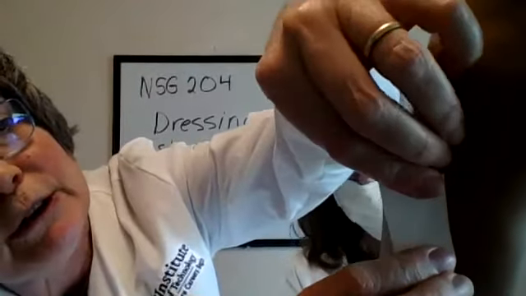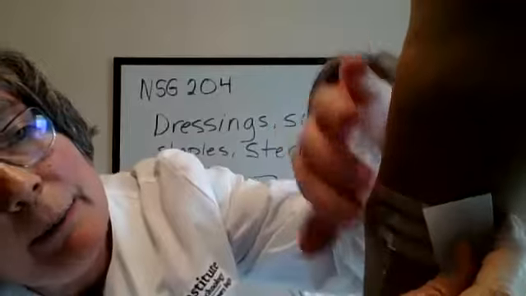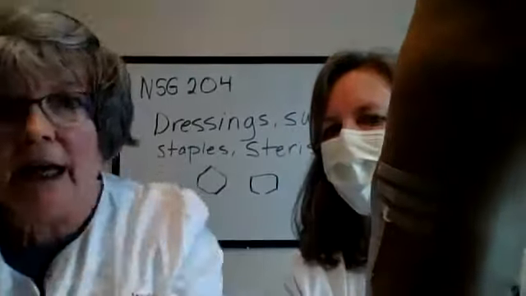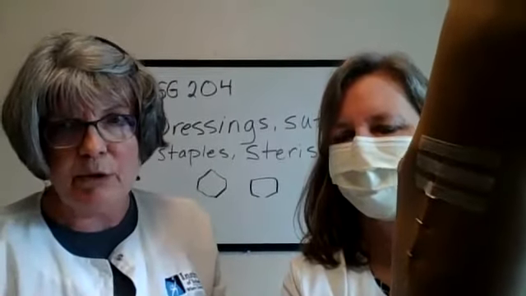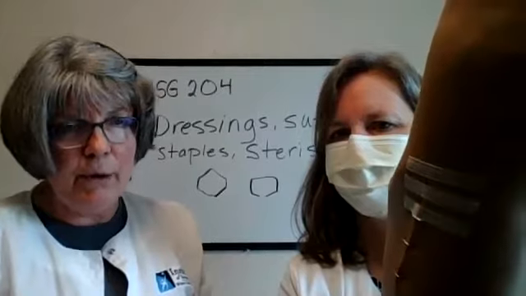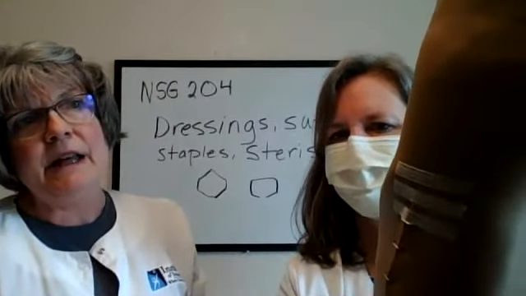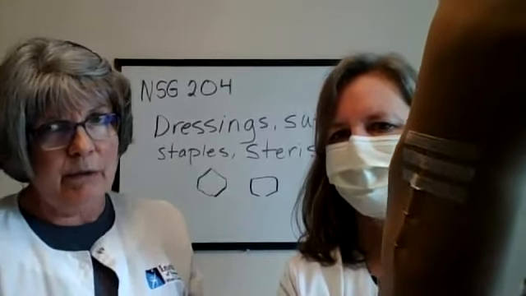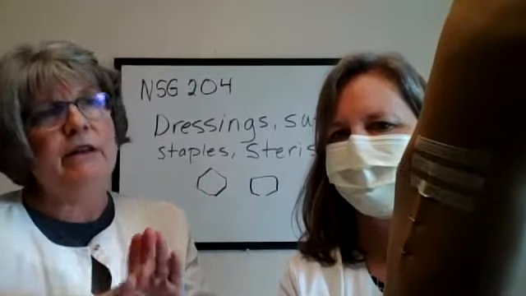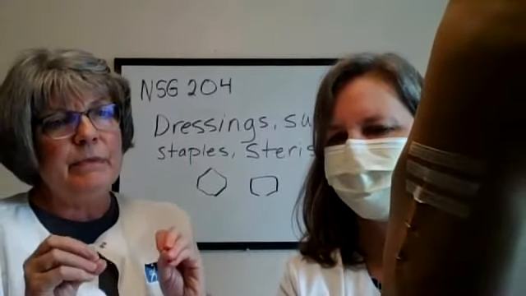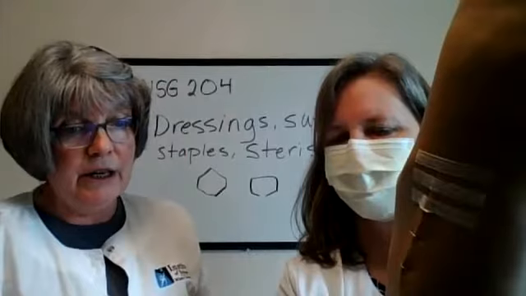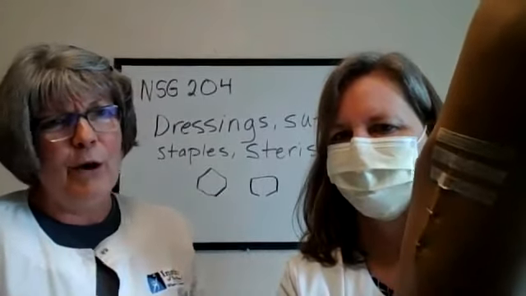Then what you do is grab that piece of paper, flip it, and pull it, and ta-da, you've applied your Steristrips in a smooth way, kept it in uniform spacing, and this will help keep your wound held together, and you won't have it pull apart, and then you have a big open wound to take care of.